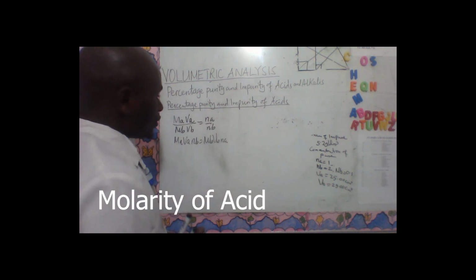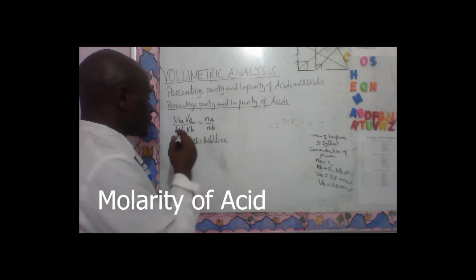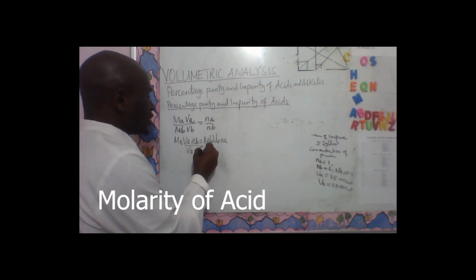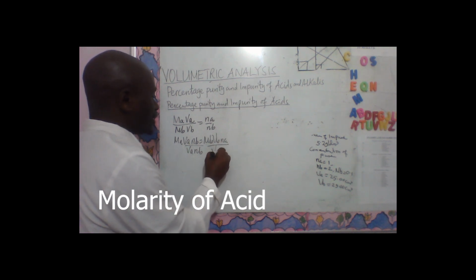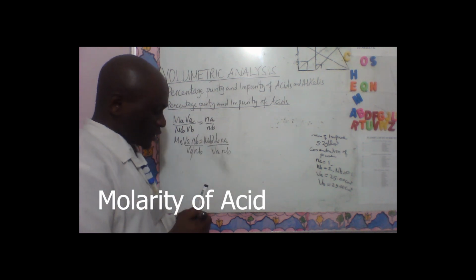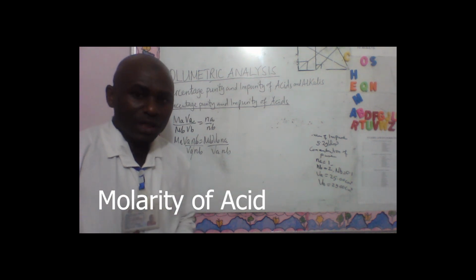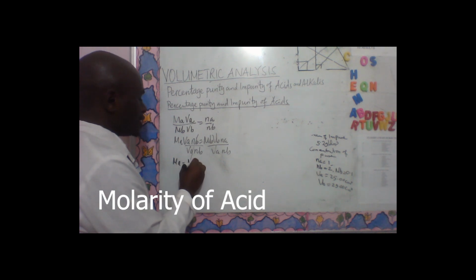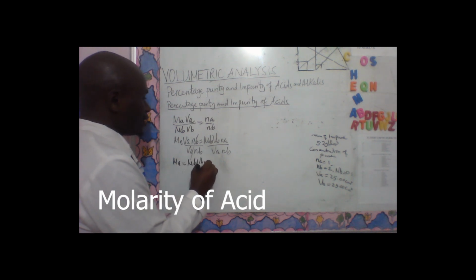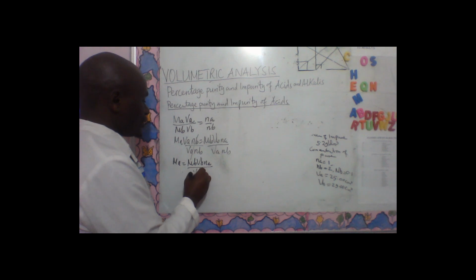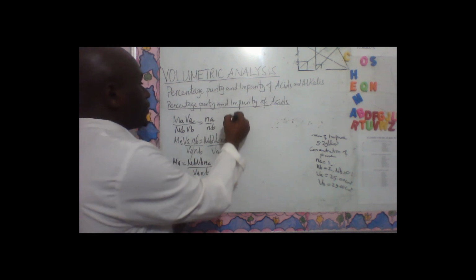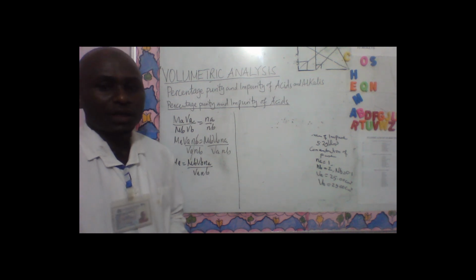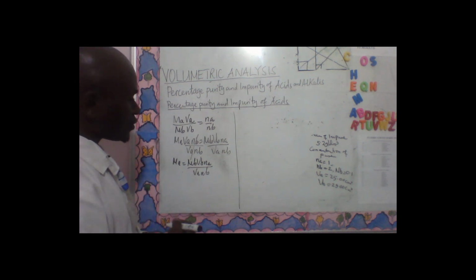Dividing both sides by volume of acid times number of base, this cancels out. We remain with molarity of acid is equal to molarity of base times volume of base times number of acid over volume of acid times number of base. This is the very important equation for us to utilize.